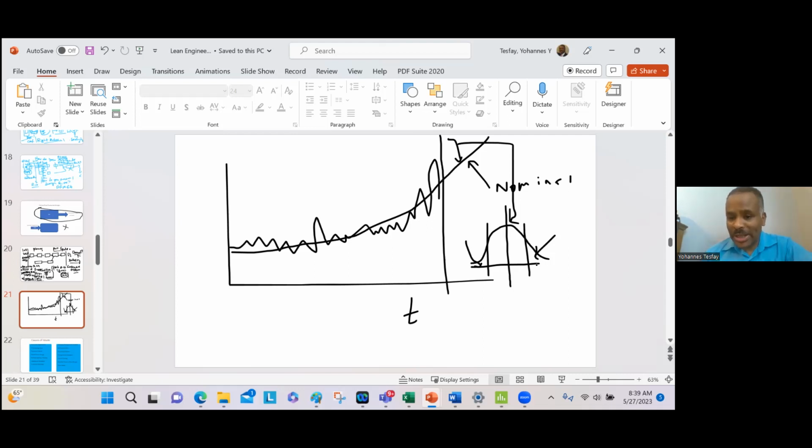This is your standard deviation. Standard deviation. So here, mean plus or minus 3 sigma, or 1.96 times standard deviation. So it lies within that range.